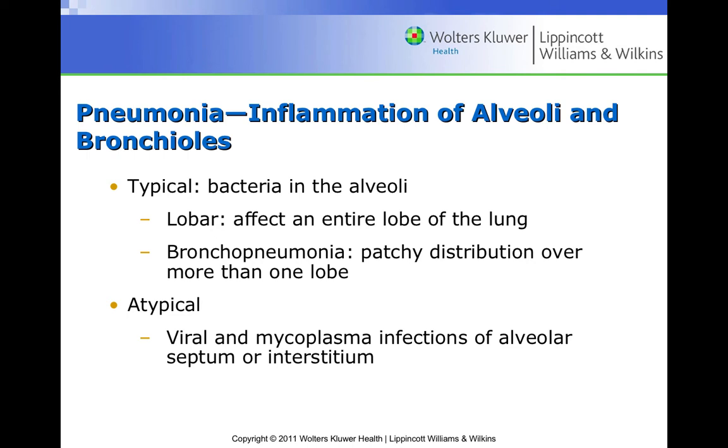Oftentimes we'll do blood cultures if there's a high fever, just to see if the infection has spread to the blood. Depending on the patient's presentation or the age of the patient or the underlying disease, we may do blood gas levels to understand how altered the respiratory system is.